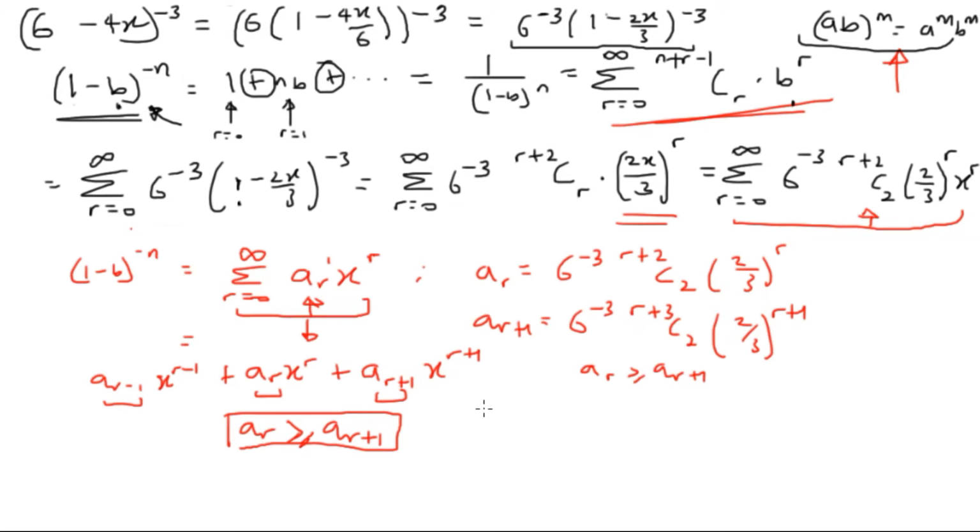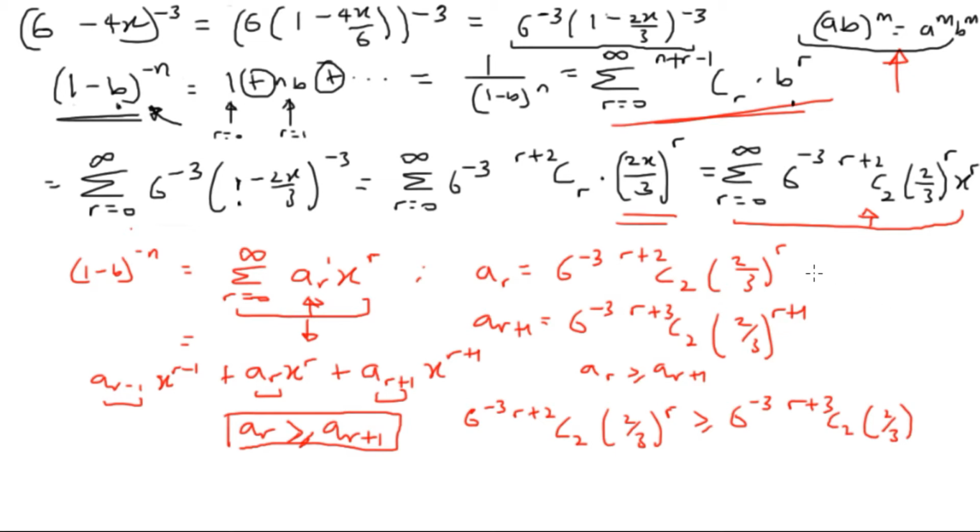If I write that out mathematically, I will have 6 raised to power minus 3, r plus 2 combination 2, 2 over 3 raised to power r, has to be greater than or equal to 6 raised to power minus 3, r plus 3 combination 2, 2 over 3 raised to power r plus 1.